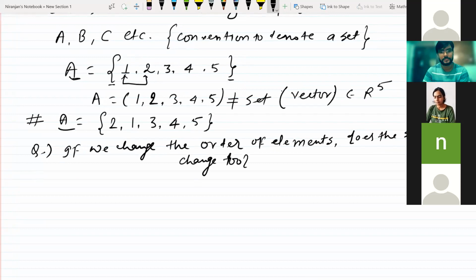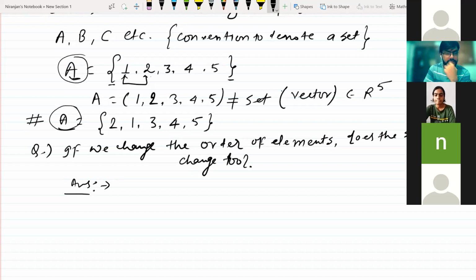What should be the answer, guys? Anyone want to tell me? What did I do? I changed the position of these two elements, and I am asking you whether these two sets are the same. Think. Come on, answer. Anyone? These two sets are the same.